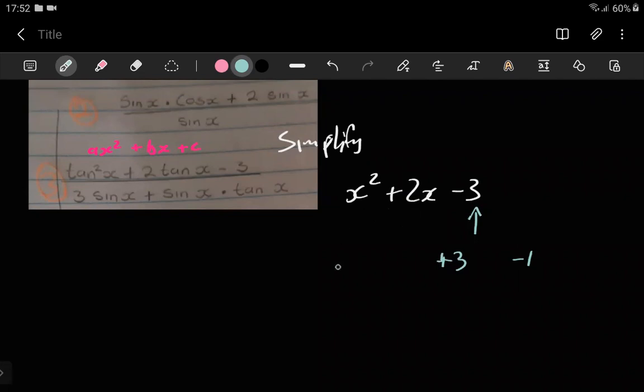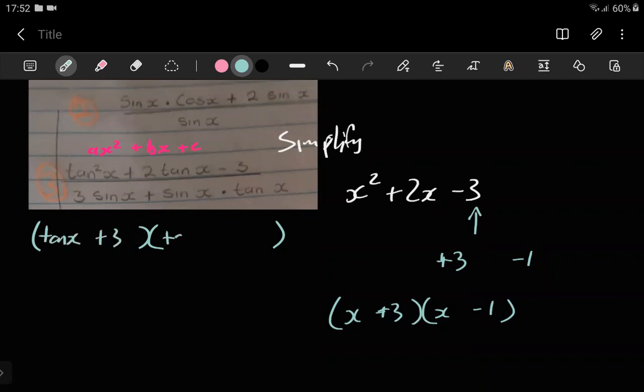So this factorized would just be 2 brackets, where the first bracket is x plus 3 and the other is x minus 1. Knowing this, you can apply it for the 10 squared x and everything. Meaning at the top here you can automatically put 2 brackets. Instead of x, you put 10x, then plus 3, and then 10x minus 1.